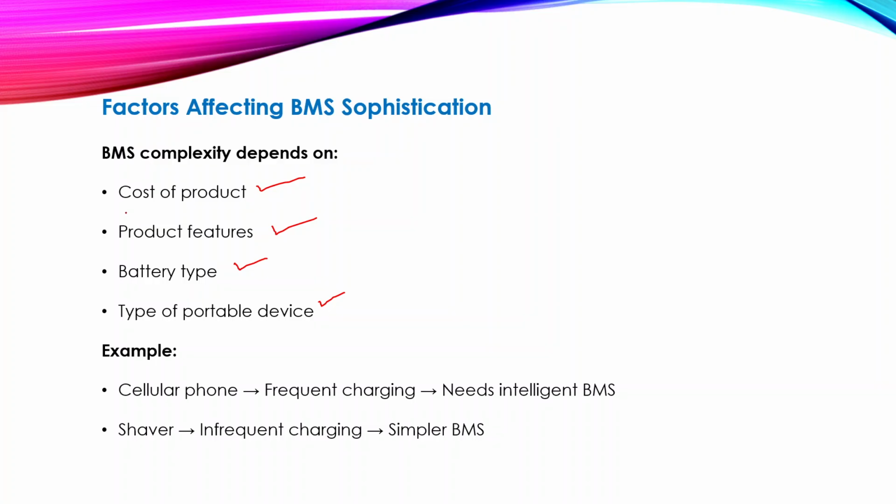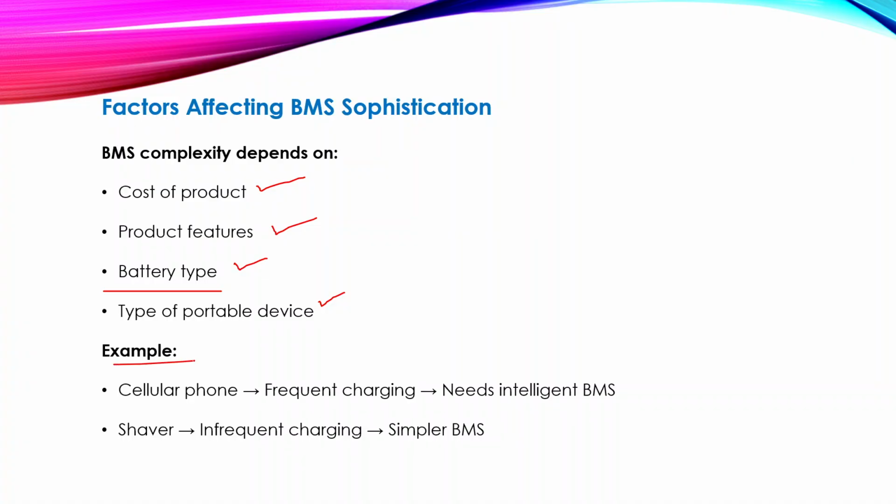As I said, the first one is the cost of the product, where low cost products usually have simpler BMS, and high end products with features like minutes left or SOC information require more intelligence. And also the battery type affects the complexity of the battery management system.